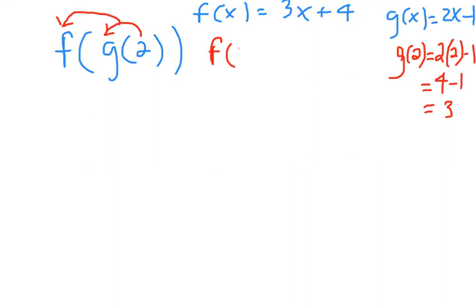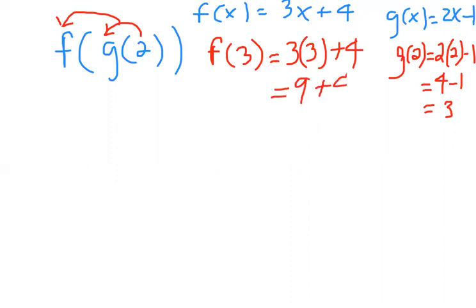So you go into your f function, guys, plug it in here, 3 times 3, and then plus 4, and work it out. So for this one, you're going to get 13. So guys, the outcome for this problem is 13, as in f of g of 2 turns out to be 13. So when we input 2 into f of g of x, the corresponding output is 13.